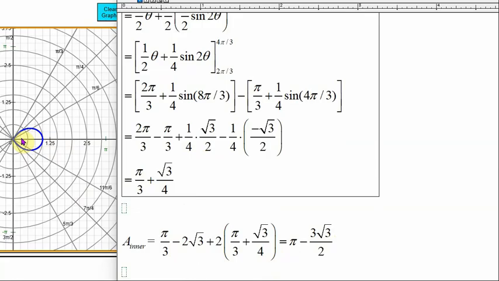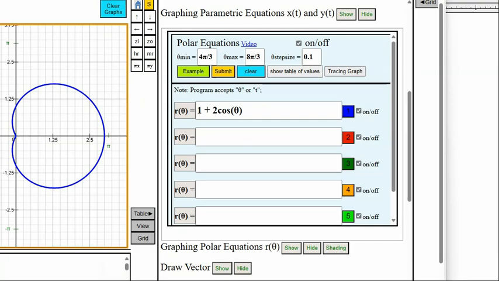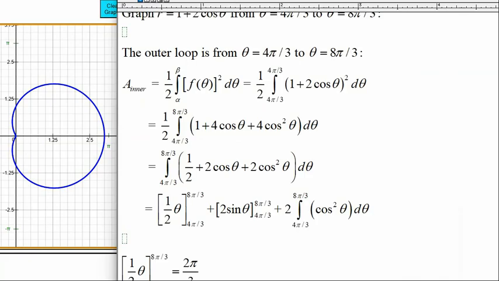And then now let's find the area of the region inside the outer loop. One more time, the outer loop here was generated by letting theta run from 4 pi over 3 to 8 pi over 3. And so the area inside the outer loop is going to be 1/2 times the integral from 4 pi over 3 to 8 pi over 3 of f of theta squared, which is 1 plus 2 cosine of theta, squared.